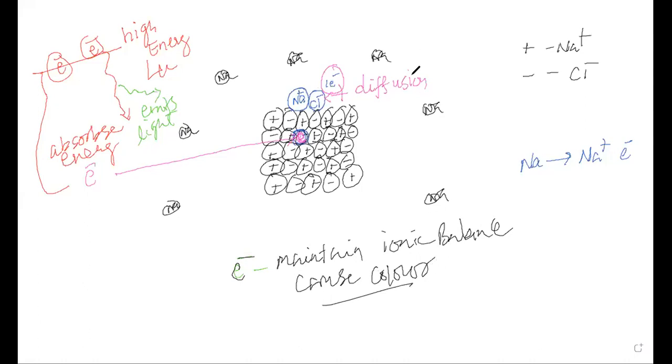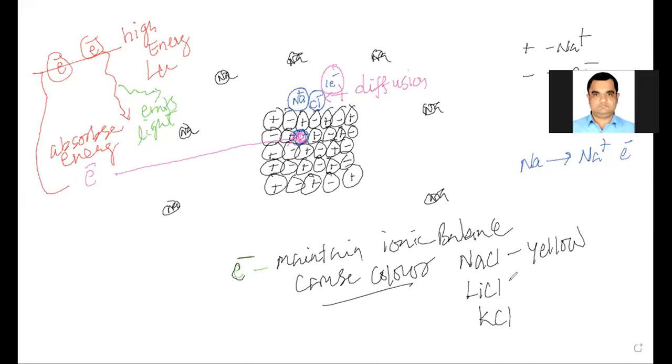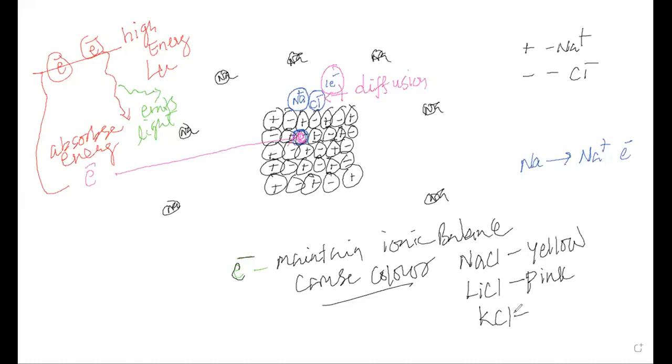Now there are various colors that we find. In NaCl, in LiCl, in KCl. In NaCl we will get a yellow colored spot. In LiCl we will get a pink colored spot. And in KCl, my dear students, we are going to get a lilac colored spot.